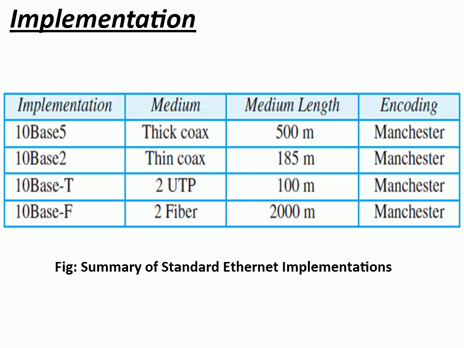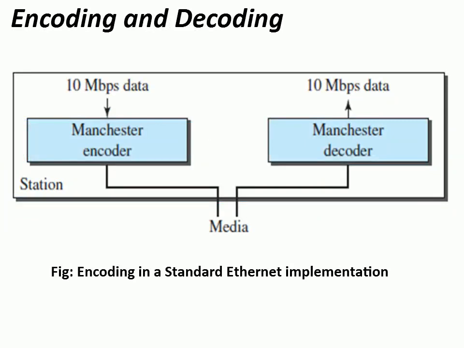One more important thing here is that standard Ethernet uses a baseband signal, that is, a digital signal. Bits are converted to a digital signal and sent directly over the transmission line. That is the one important thing you need to remember here. In standard Ethernet we are just transmitting digital signals. At the sender side, data is converted into a digital signal using the Manchester encoding technique.